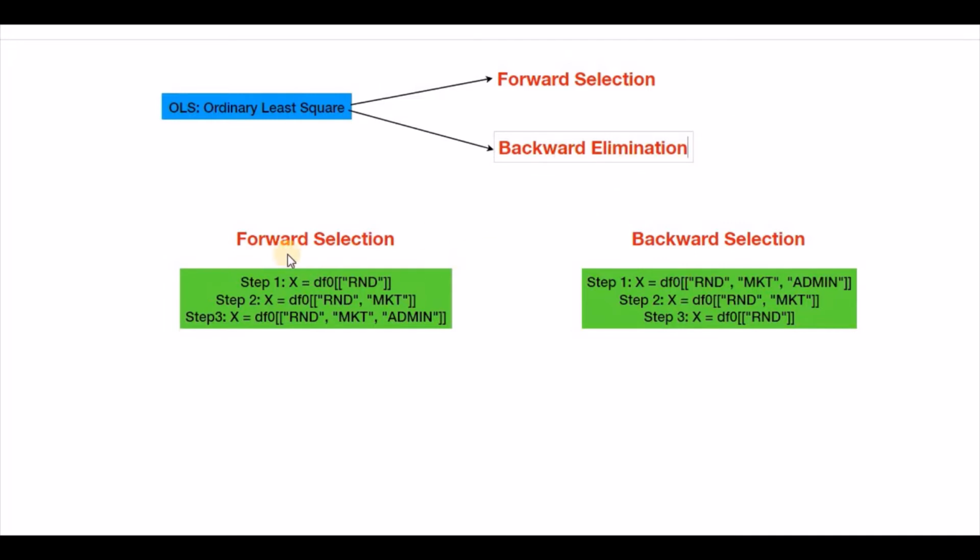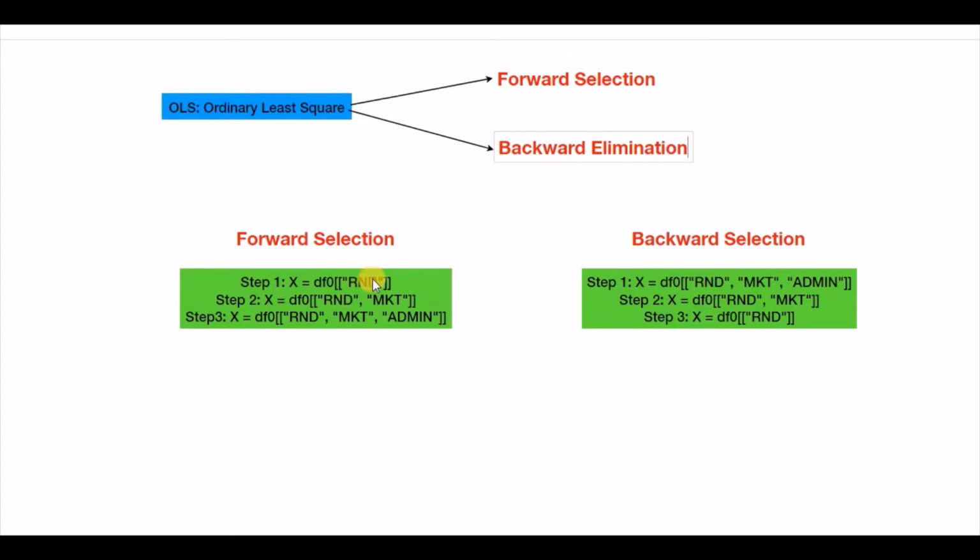In forward selection, what we generally do is take one predictor at a time, and then we will see the p value as well as adjusted r square and r square. Those values we will check, and if the values are satisfying for the model, then we will take R&D.